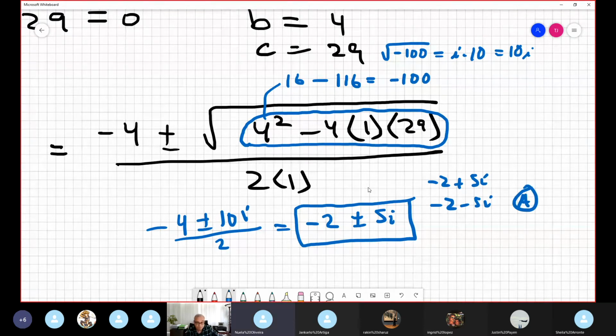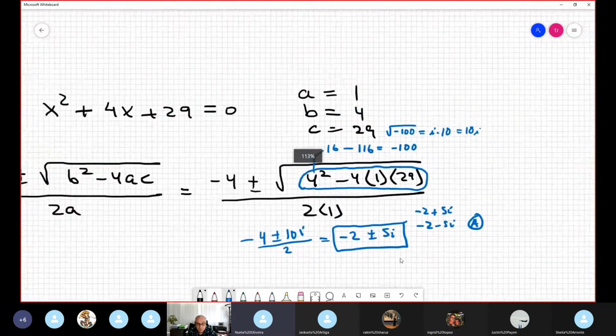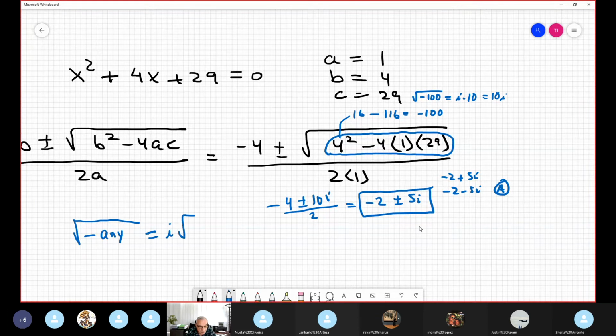Professor, I have a question. When we have a negative number in the radical, that means we put the I, right? Absolutely. Noela, the fantastic formula is: the square root of a negative number is equal to I times the square root of the same number, but positive.